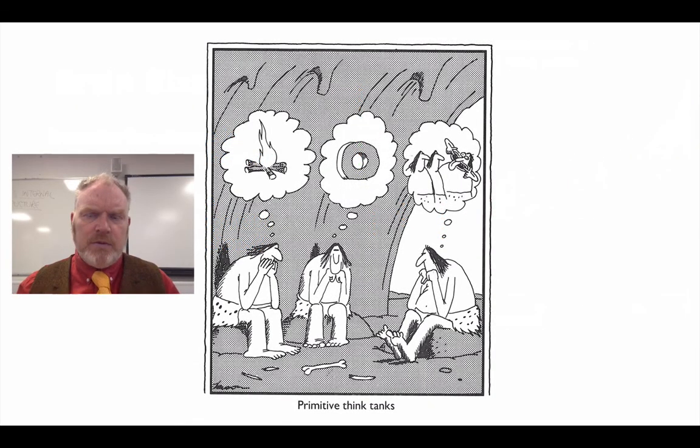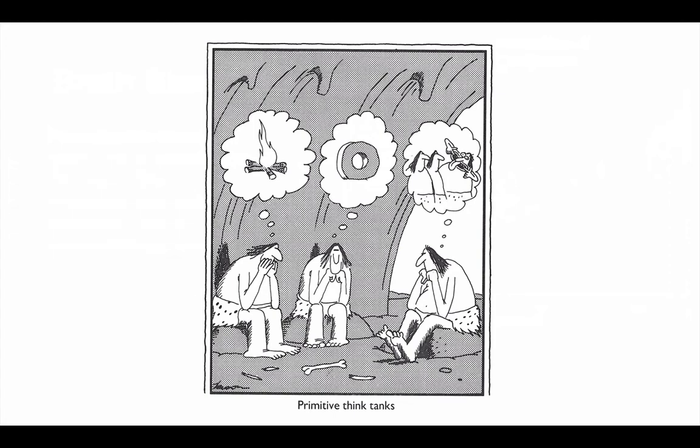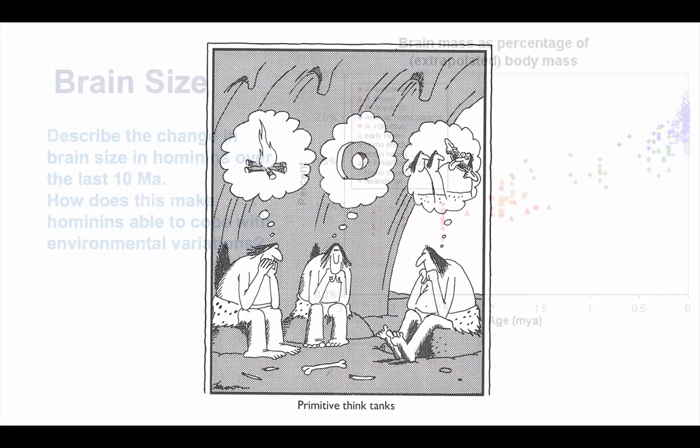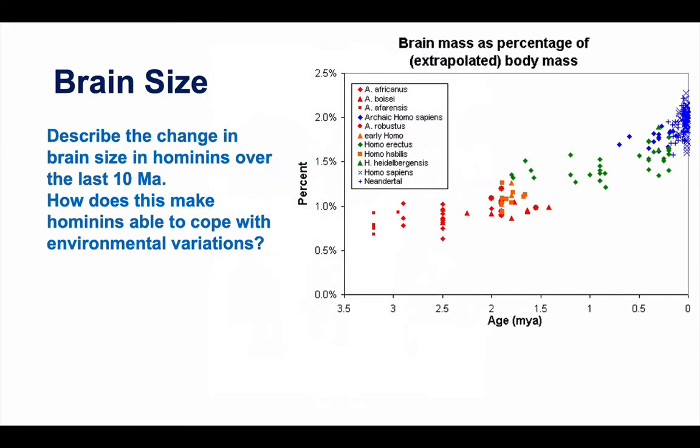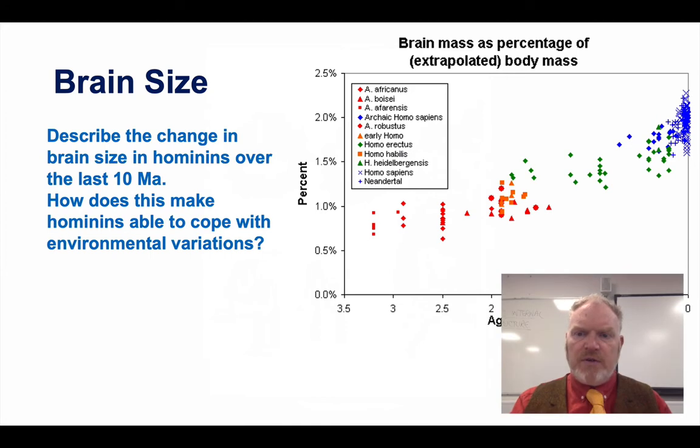Let's think about what that actually means in terms of human abilities, human variability. So this graph shows us that our brains are getting increasingly large, an increasingly large proportion of our body.